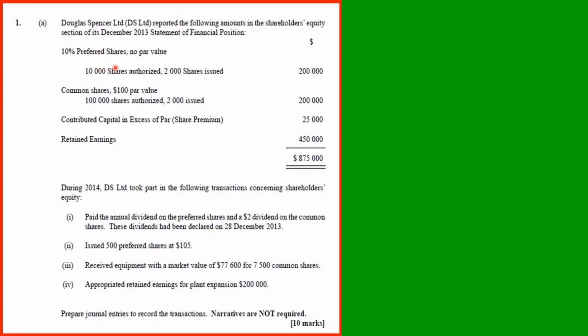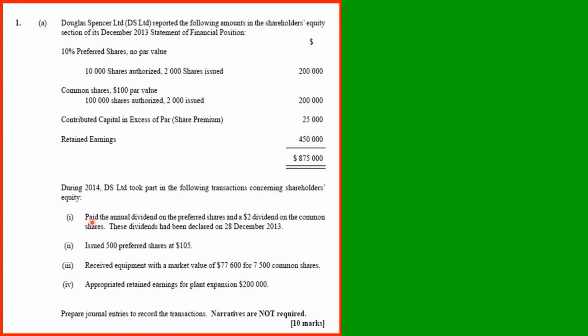We're given some preference shares, common shares, the share premium or capital in excess of par, and retained earnings. And we are told that DS Limited took part in the following transactions concerning shareholders' equity.